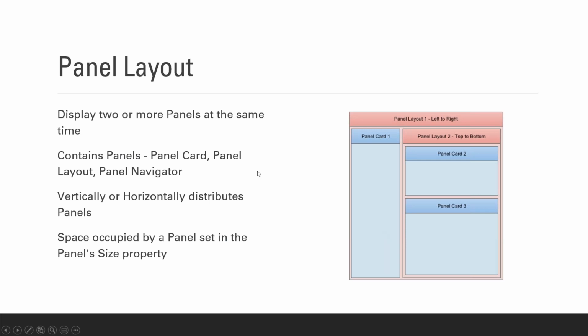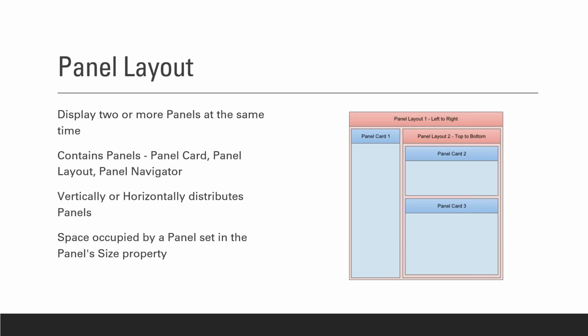And the panel layout and the panel navigator do two very different things. A panel layout can be used to display two or more panels in either a left to right, horizontal layout, or in a vertical layout. And panel layouts can contain other panels, including panel cards, panel layouts, and panel navigators.